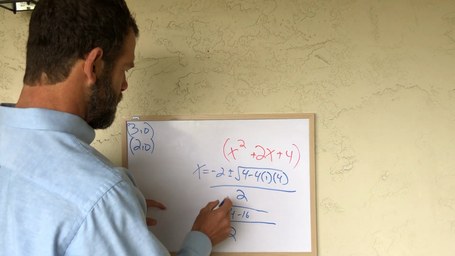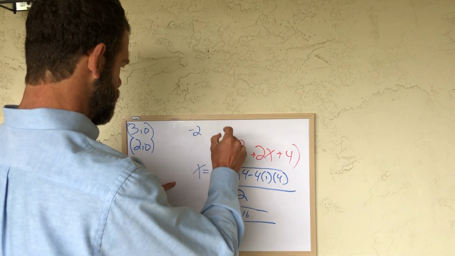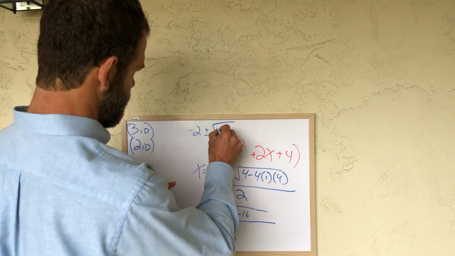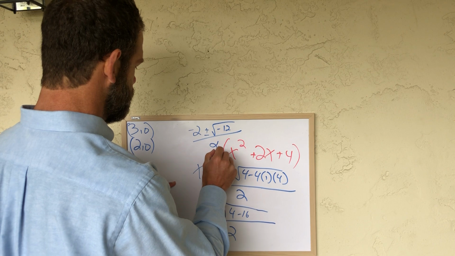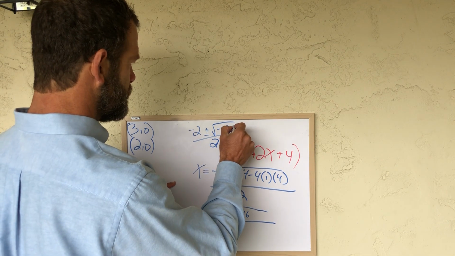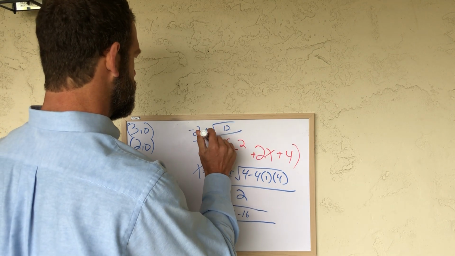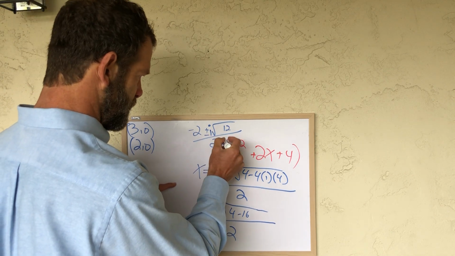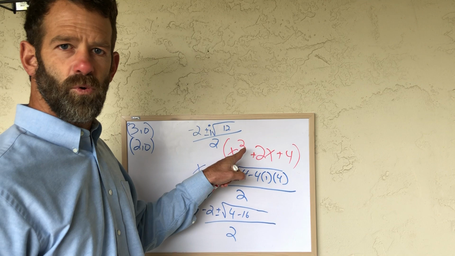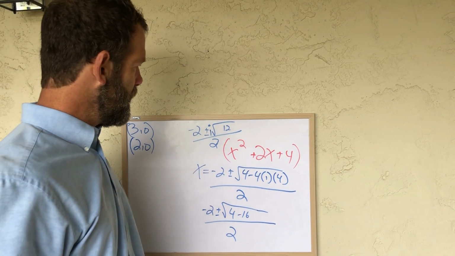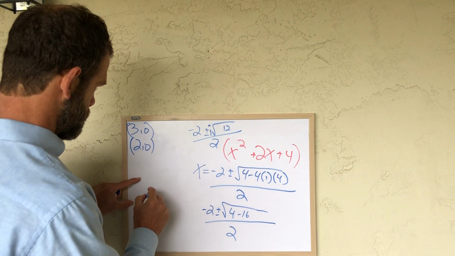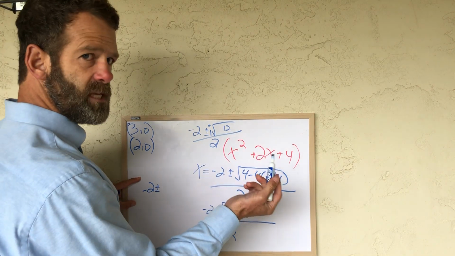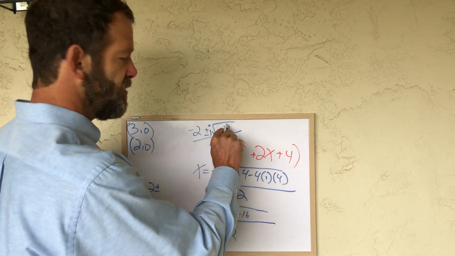Anyways, you would say negative 2 plus and minus the square root of negative 12 all over 2, which you can convert to negative 2 plus and minus i root 12 over 2. You could simplify root 12. I'm simplifying this rather fast.